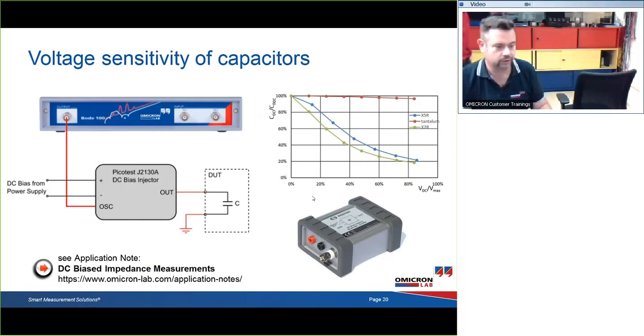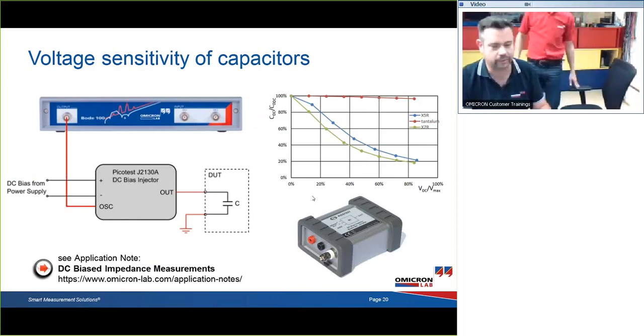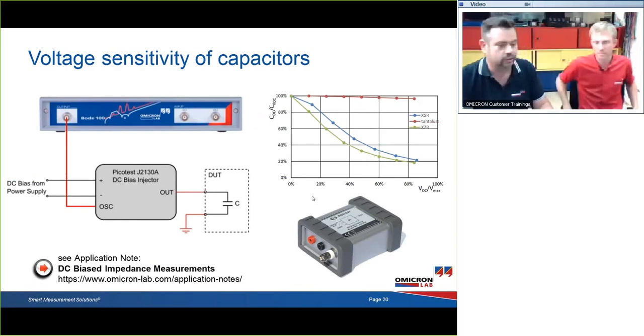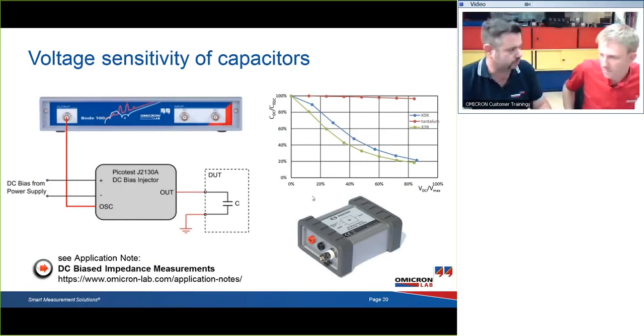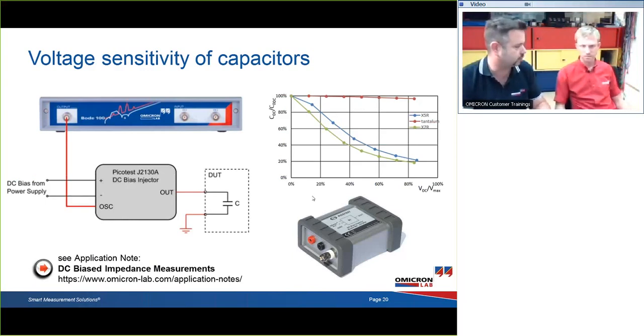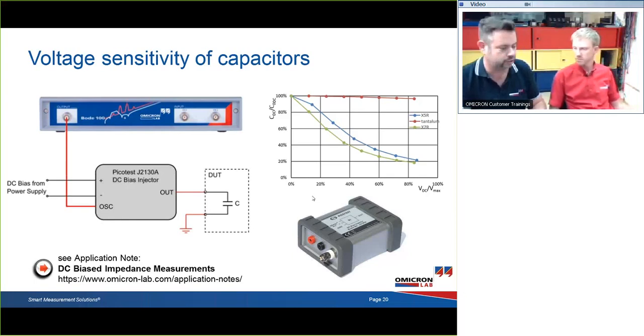And it ended up that he sent me from the Far East some capacitors to measure, and in the end of the day, the problem was that the capacitor was no longer 100 microfarads. At the 5 volts he had, it was only 40 microfarads. And when we entered the new value into the calculation sheet provided by the chip manufacturer, suddenly the results of the simulation and the results measured with the Bode 100 matched. And so that's an important thing to take into consideration.